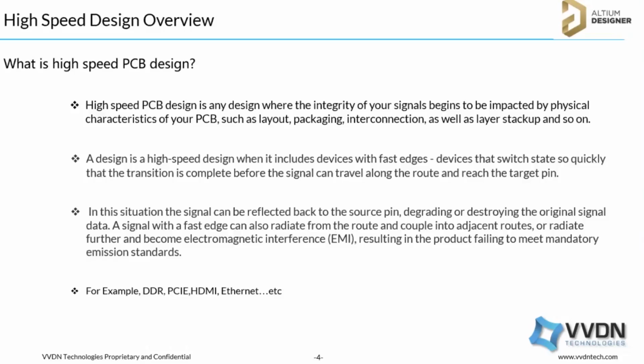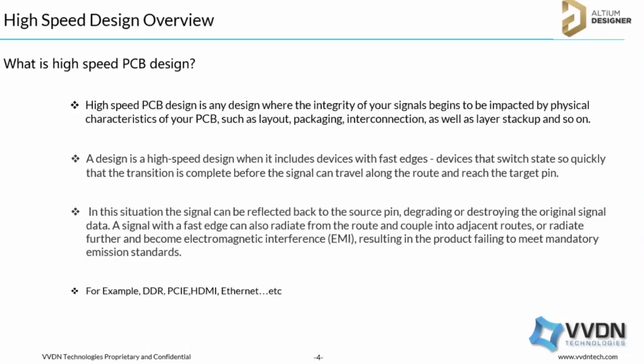For example, I have mentioned DDR, PCI, HDMI, Ethernet. These are all high-speed interfaces. So if you are developing any board or PCB with these interfaces, we call it a high-speed design, right? Apart from that, technically in depth, a design is a high-speed design when it includes devices with fast edges. You know that signals travel fast.